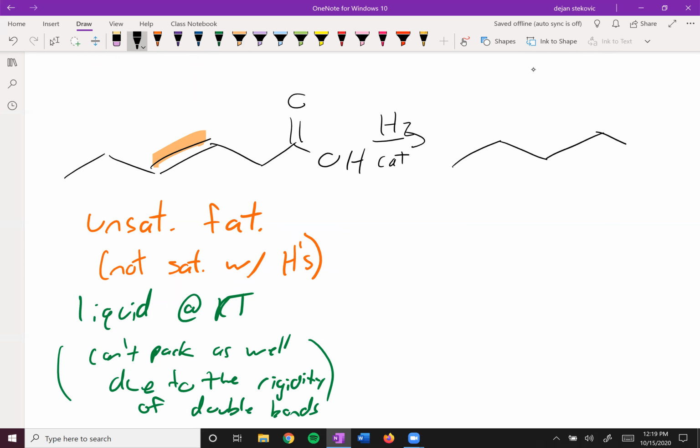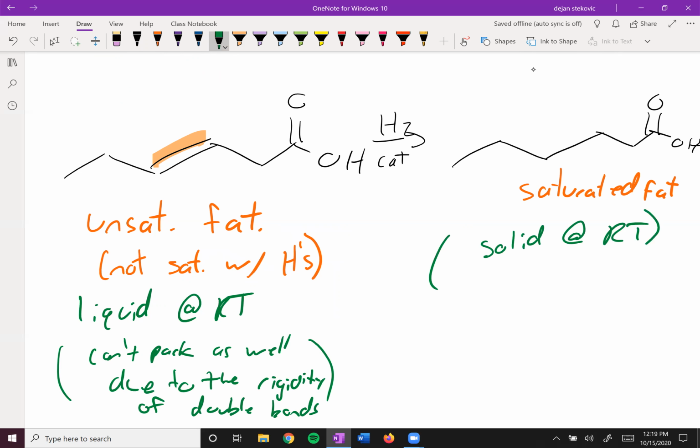So we go from an unsaturated fat with alkenes to a saturated fat, right? So it's saturated with hydrogens, and these things are solid at room temperature and also maybe inside of your arteries, right? The reason they do this is because these solids have longer shelf lives.